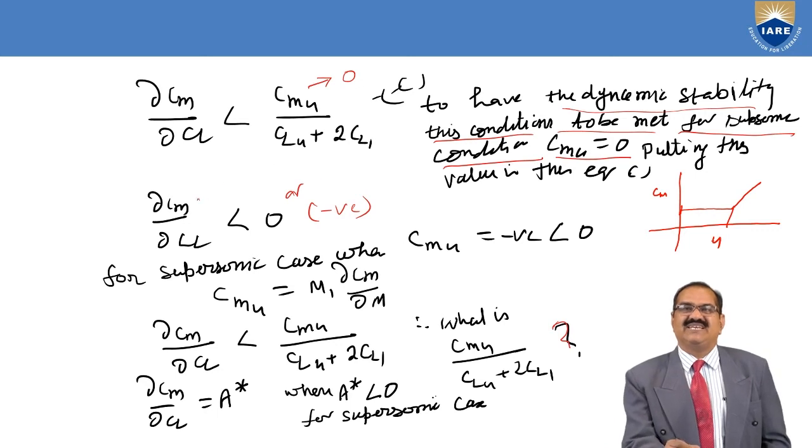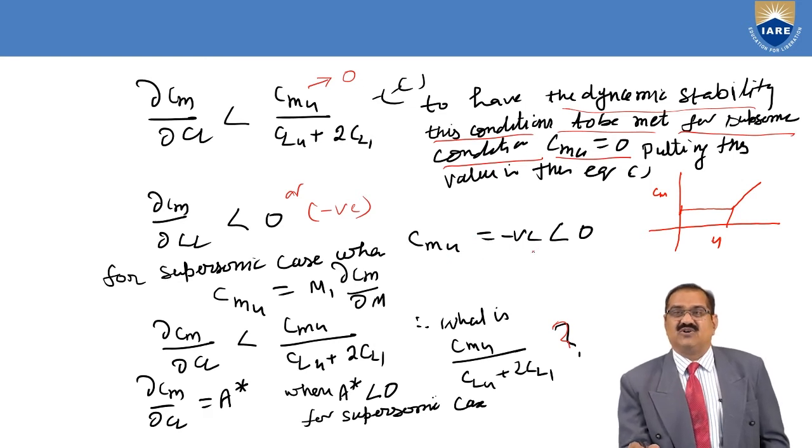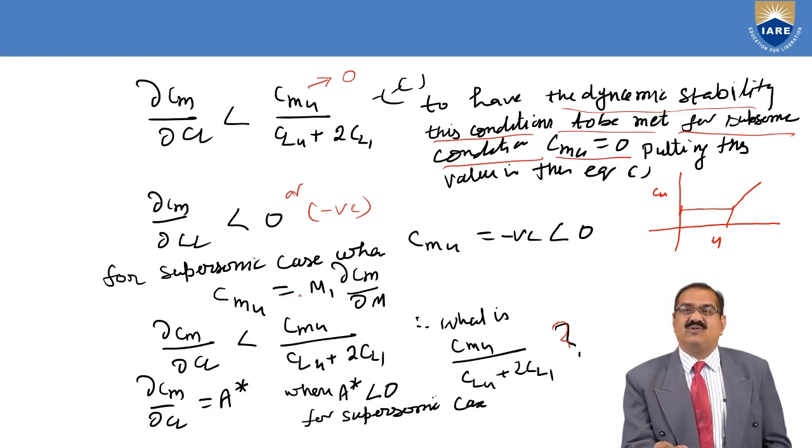So here dCm by dCl is less than 0, and CMU should be negative. Here CMU is equal to M1 dCm by dM, where M is the Mach number. So dCm by dCl should be less than CMU by CLU plus 2CL1.